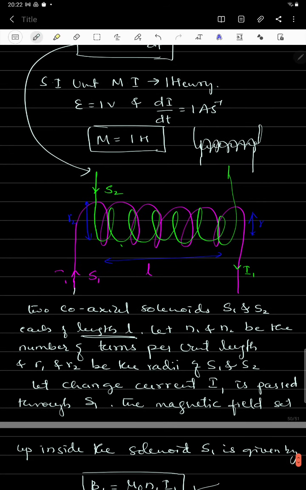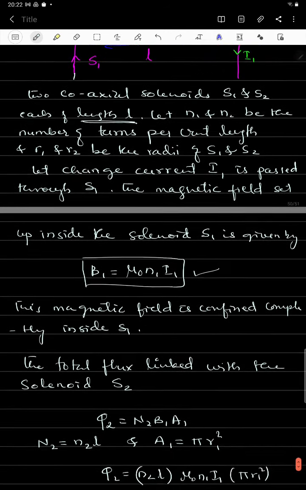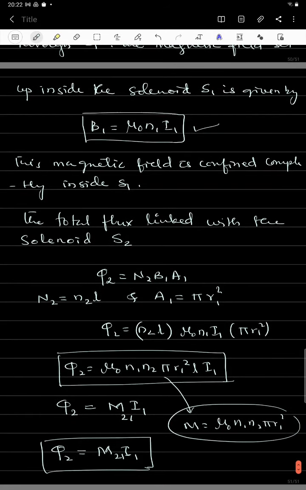Now we'll remove this one, we'll flow the current I2 from this S2. So then what will happen? A similar procedure: current is changing through I2 and through S2, the magnetic field is set up inside that solenoid S2, given by mu naught into N2 into I2.